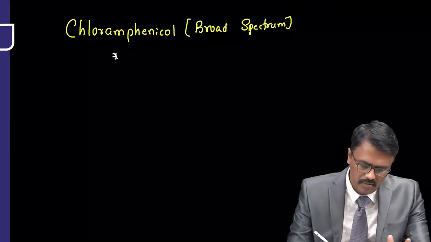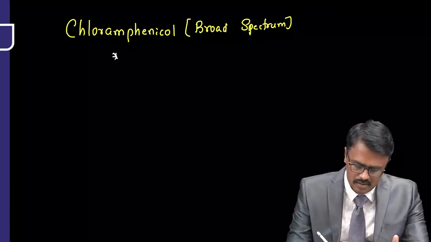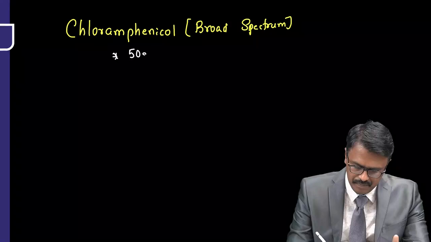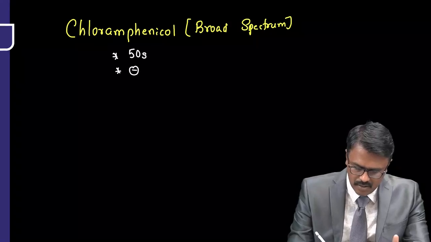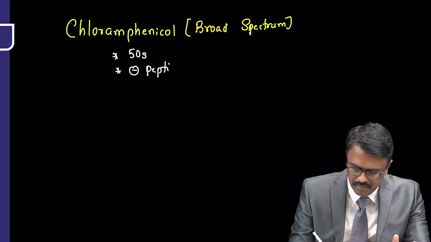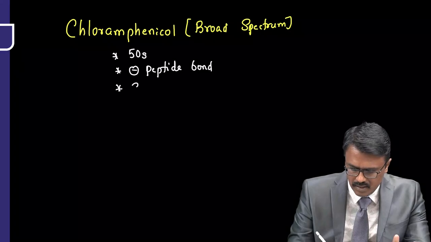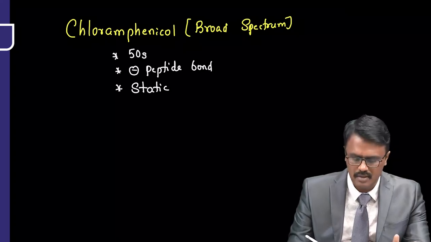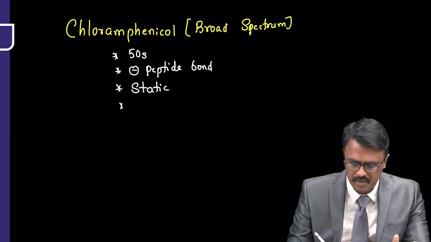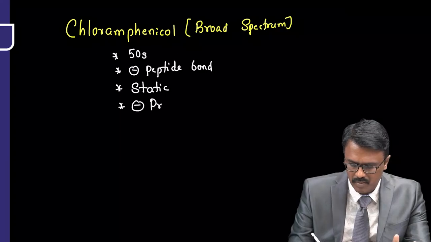Let us just summarize what we have already learned. It binds to 50S. It inhibits the formation of peptide bond. And is it static or cidal? Obviously it's a static drug, right? And it inhibits, main thing to remember, protein synthesis.